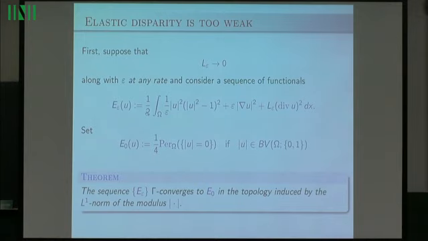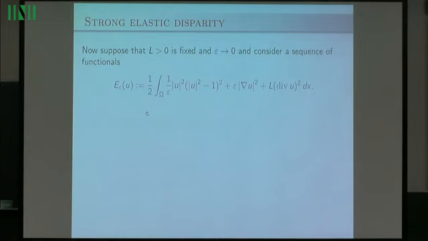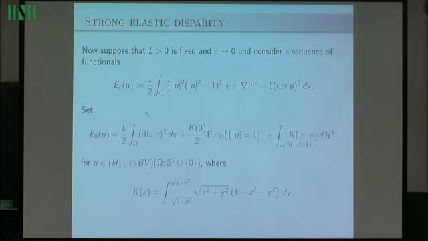And that indeed is what happens if you assume now, again, that L is a fixed parameter of order 1 and epsilon goes to 0. In this case, the proposed version of a limiting functional is as follows.